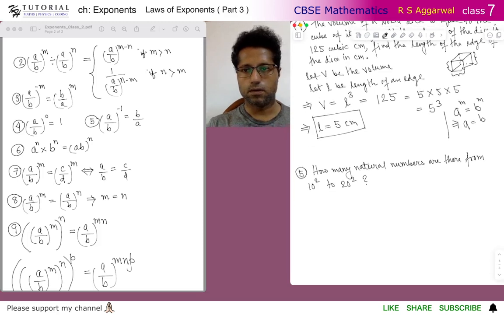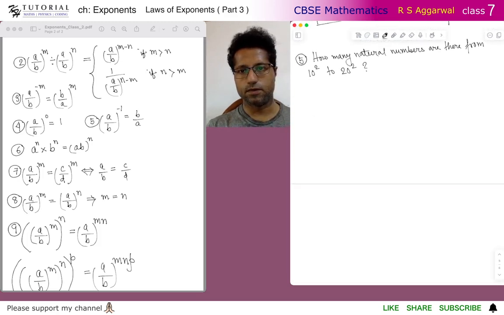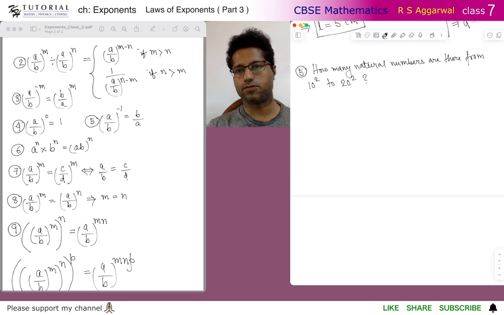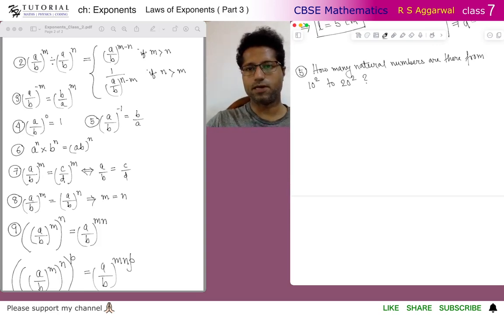Okay. Question number 5 says, how many natural numbers are there from 10 square to 20 square? So starting from 10 square, we will have something. 10 square is 100.